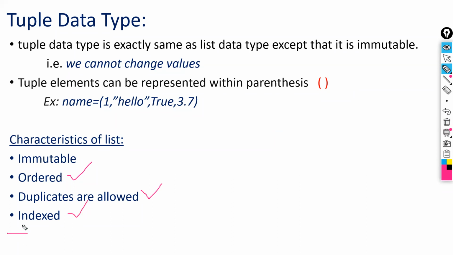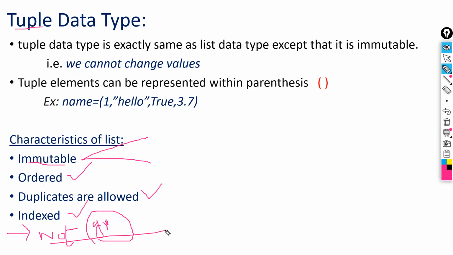One more thing I missed, that is, it is not growable. How can I say that? It is immutable, right? We are not adding or removing elements from the tuple data type, so how can it grow or decrease? It's not possible. That's the reason it is not growable.